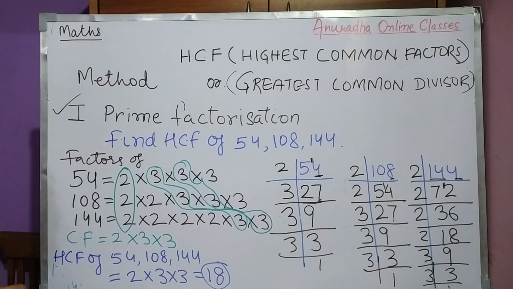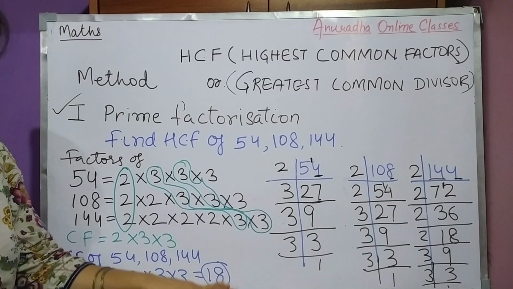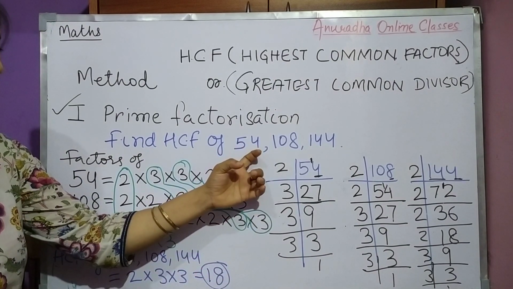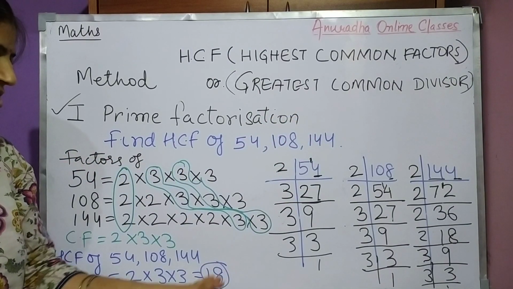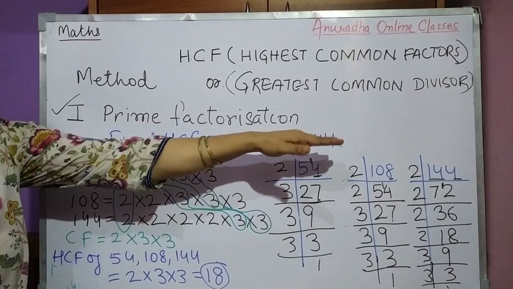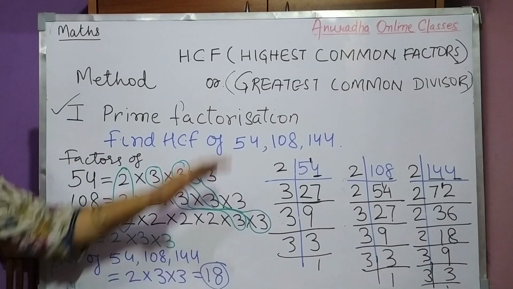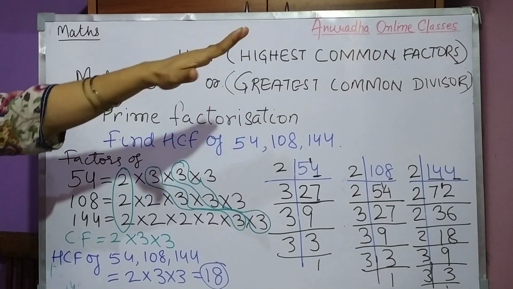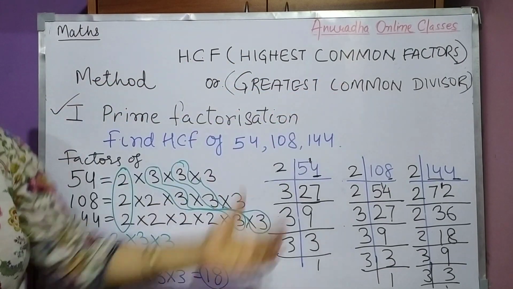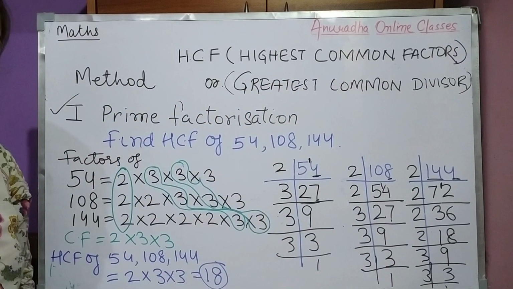So 18 is that factor which will divide 54, 108 and 144. This is the greatest number with which all the three numbers will get divided. Okay, this is known as HCF or highest common factor or greatest common divisor. This is the greatest divisor with which these three numbers will get divided.